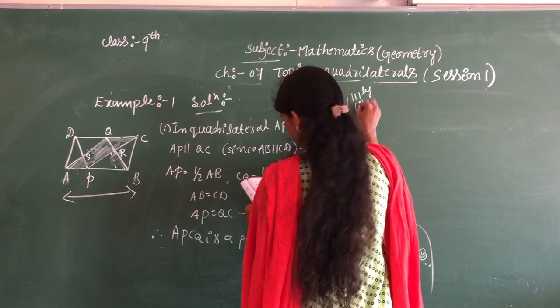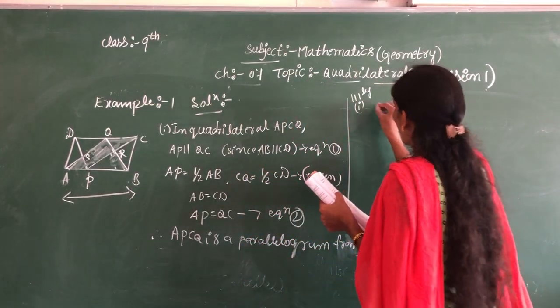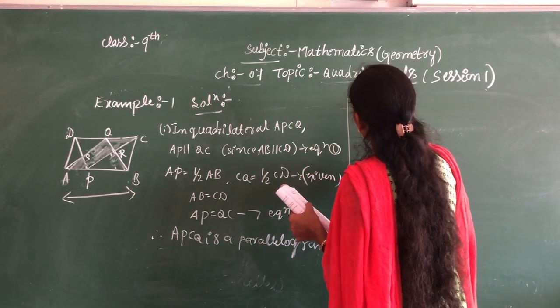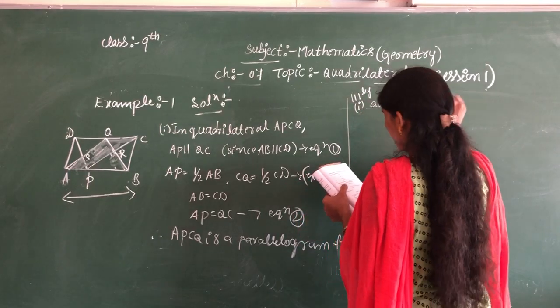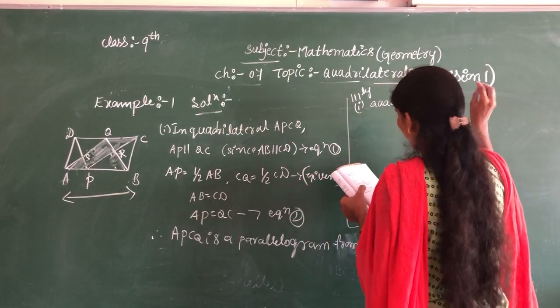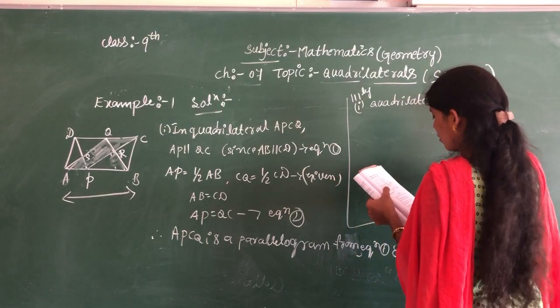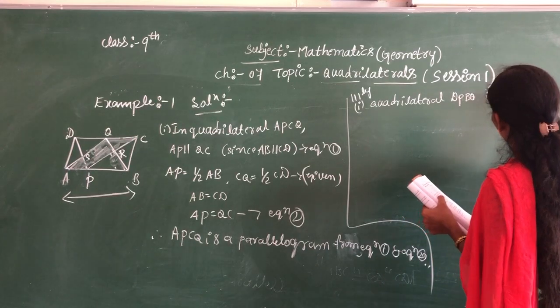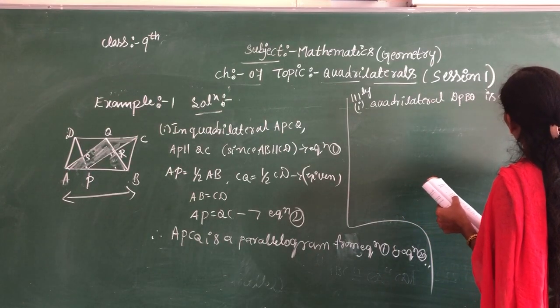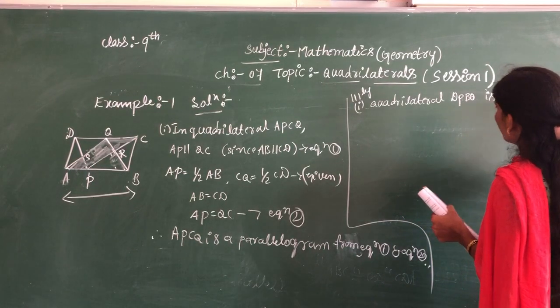Next, similarly, in case 2, quadrilateral DPBQ is a parallelogram.